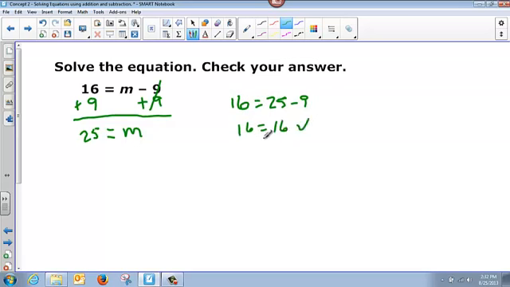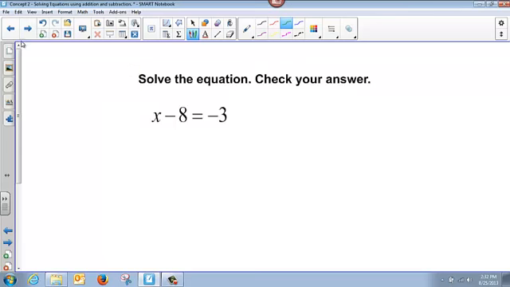Okay, now next we want to try another one. But this time I have a negative number over here. So I want to know x minus 8 equals negative 3. Add 8. And I'm going to get x equals, and 8 plus negative 3 is 5.